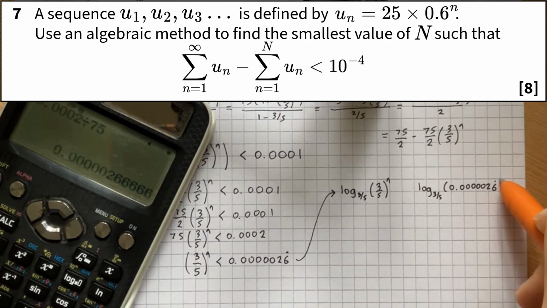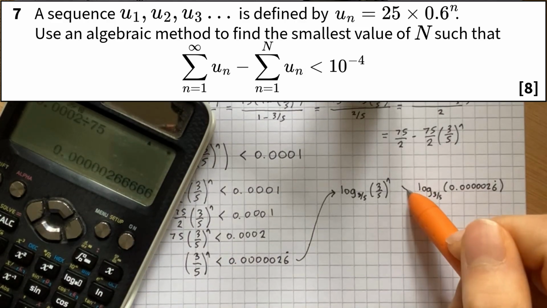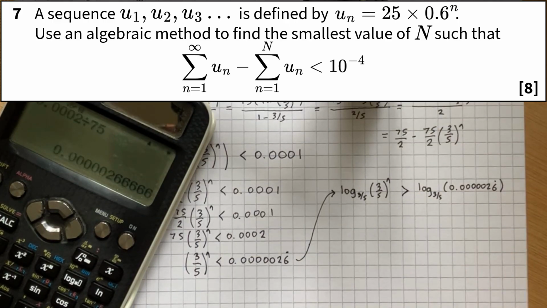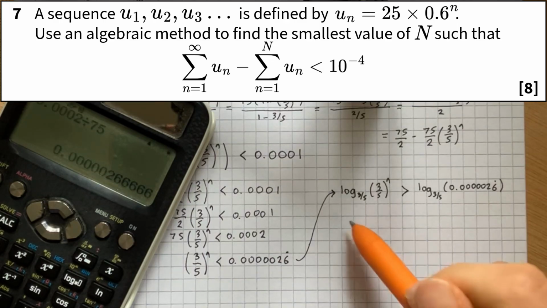There's a funny thing with logs, which maybe I should explain in a log video, but the sign now changes between these two terms because 3 over 5 is less than 1. It's perhaps easier to see if you do log base 10 because a negative gets involved. But if you write it in this way, it's okay. You just have to remember to change the sign.